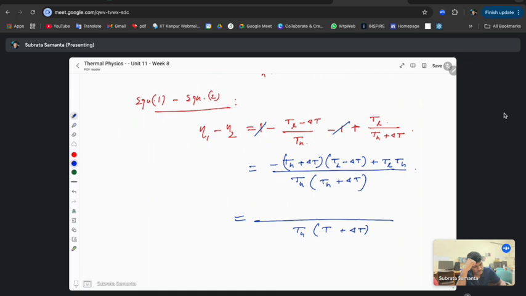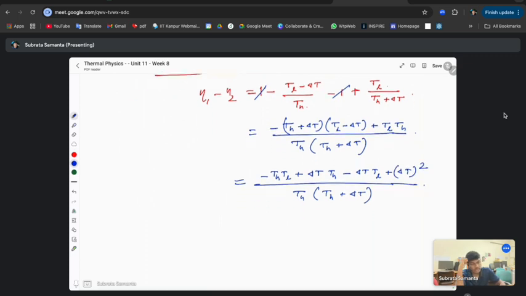So TH plus delta T, and this one is minus TH TL plus delta T TH minus delta T TL plus delta T square, right.